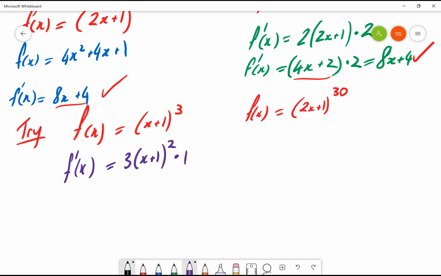You know, because if I'd expanded this, just for those people who want expanding, this is x cubed plus 3x squared plus 3x plus 1.